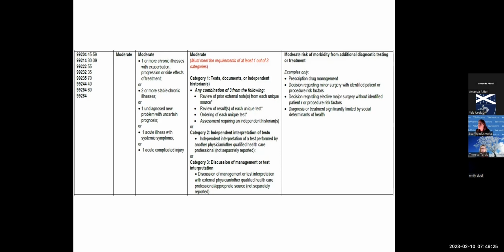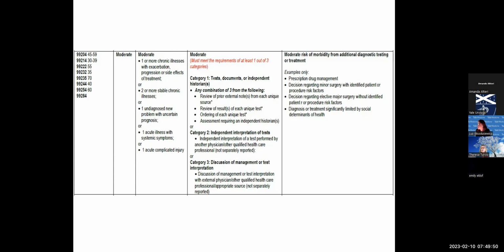So this criteria has not changed for level 4. So if you're seeing a patient that has a chronic illness with an exacerbation, you could select level 4 moderate under problems here, or an acute illness with systemic symptoms. And if you're also managing that patient on prescription drug management, you've already met the 2 out of the 3 criteria.